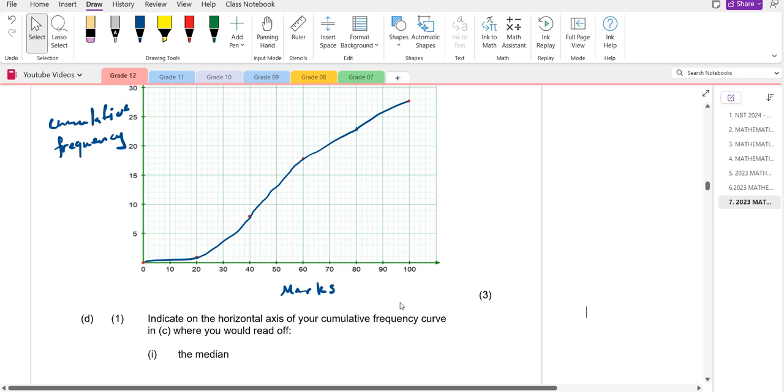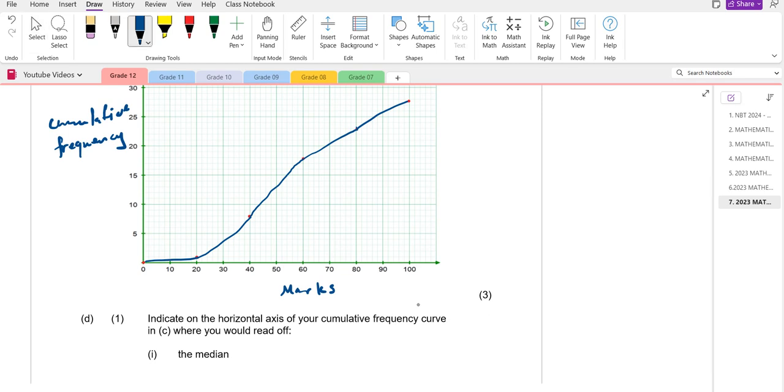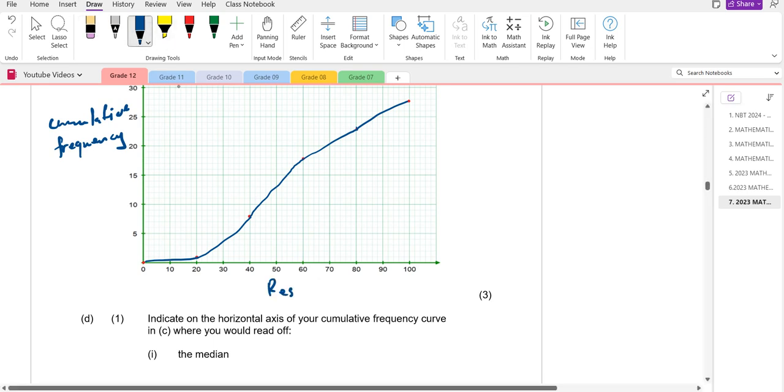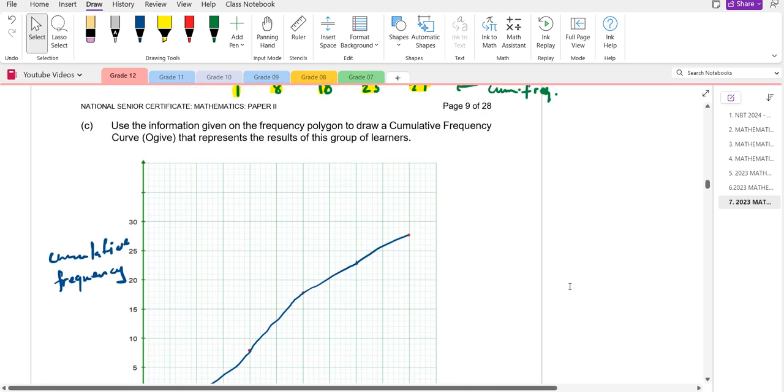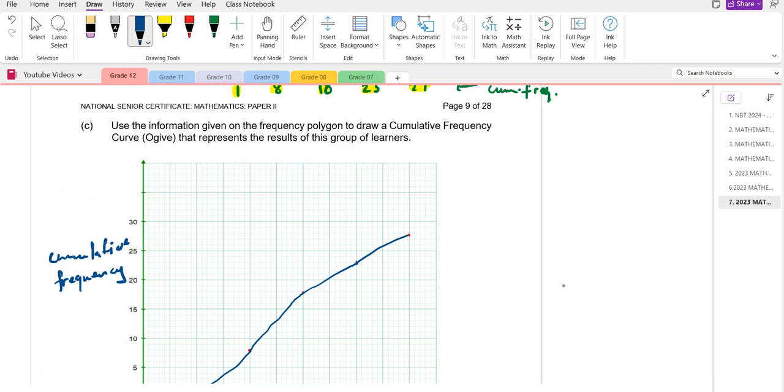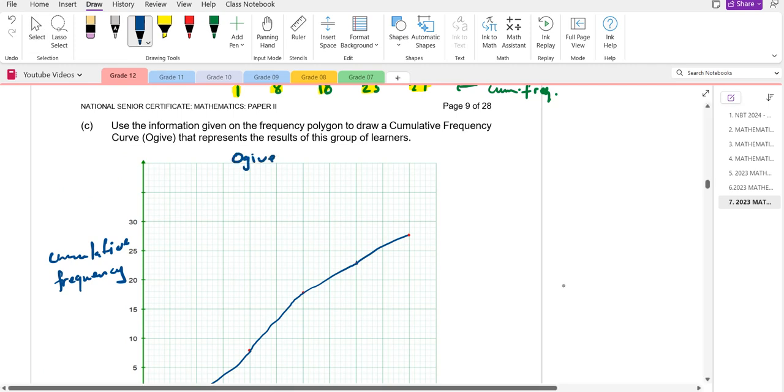Marks or class intervals, and just write results. Right, so what we have is the results in percentages. And don't forget to label the curve. This is the cumulative frequency curve, so this is the ogive curve.